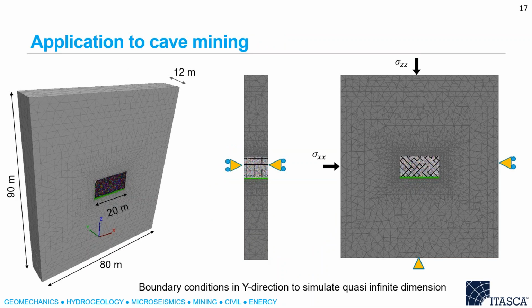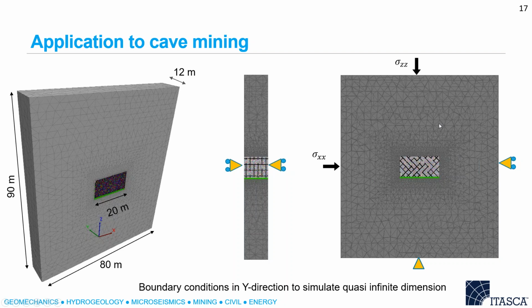So now I will present to you results of an application that we have done here at Itasca on cave mining. This is a model that represents a caving below a BBM sample that represents the ore body. So it's a slice of an infinite model in the y direction.